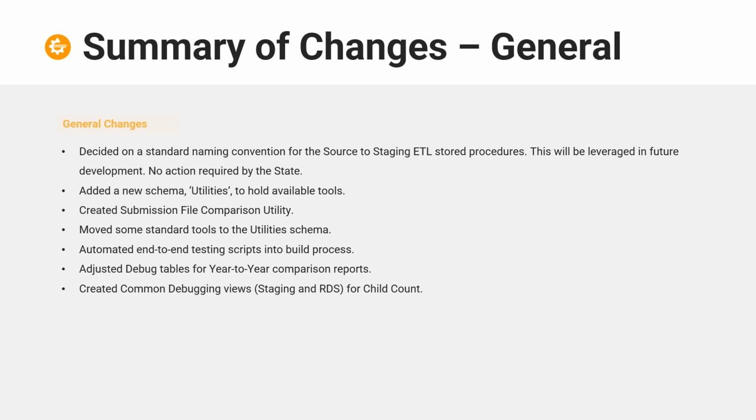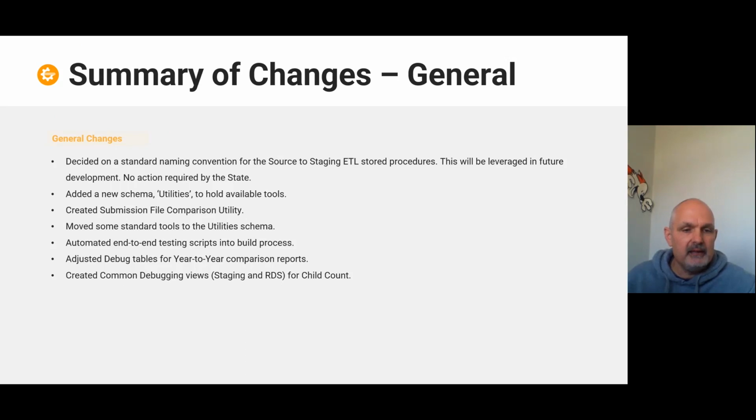In order to do that, the code as we write it would need to know what that ETL is called that actually takes the data from the SEA source into the staging table. So we came up with a standard name. We haven't done anything with it yet, so it says there it will be leveraged in future development. There's nothing you have to do. There's nothing you have to change. I just want to make that clear.